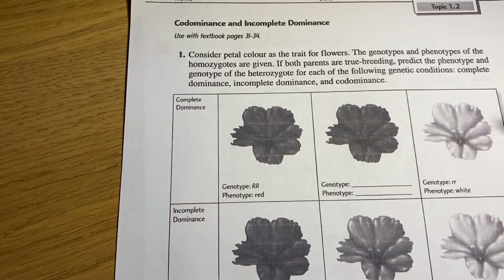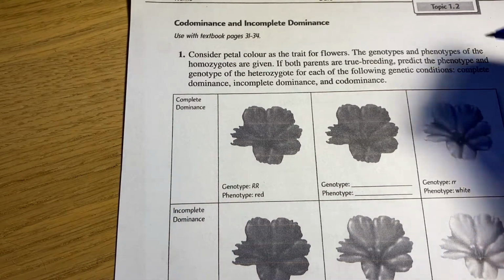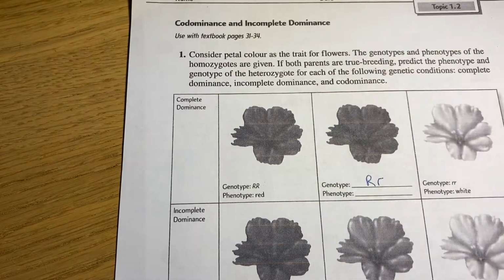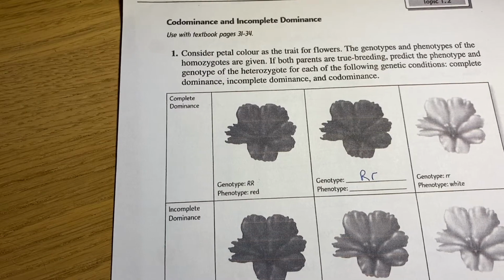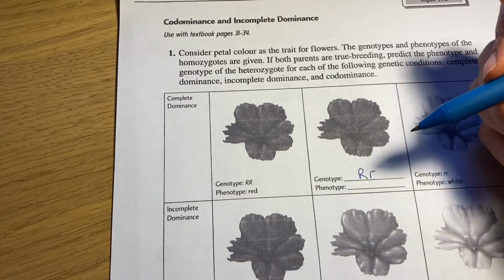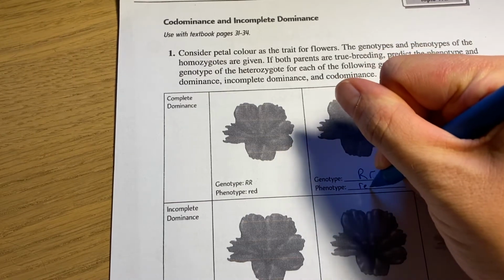So if you have the heterozygote, you're going to have big R, little r. And so far, the examples we've been doing means that this big R wins because it's completely dominant. So our phenotype would be red.